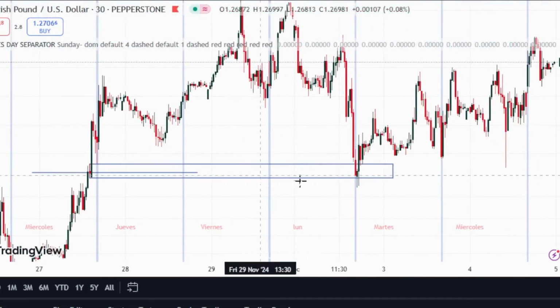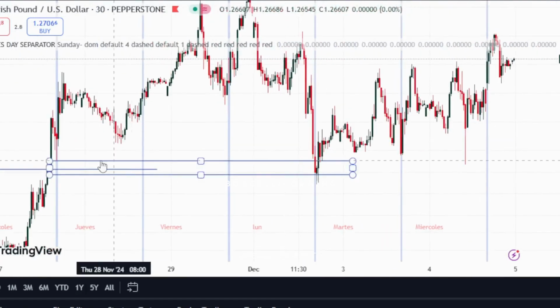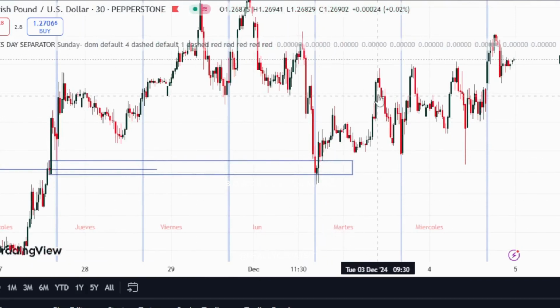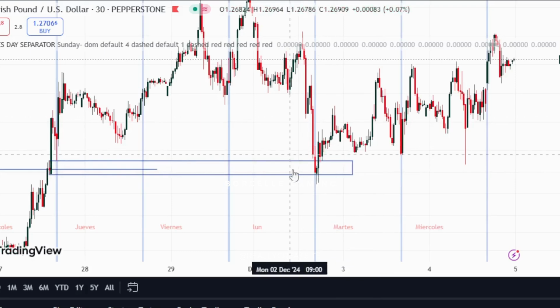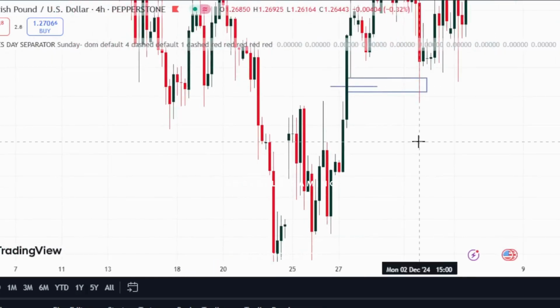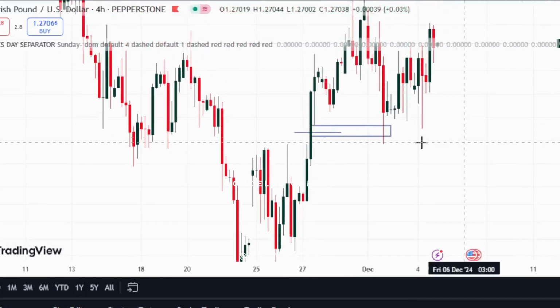You can see this was what was responsible for the price to discontinue from going down and start going up. Can you see that? So most of the time on all the fair value gaps that you see, price just starts going the other way around. So let's also check.